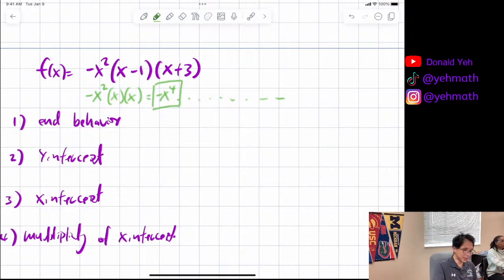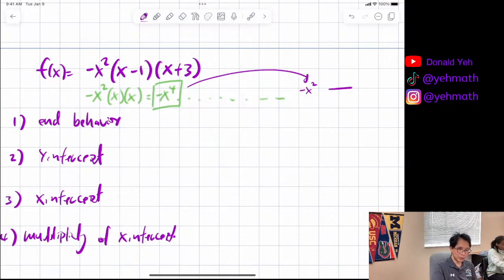In this case, that looks like the easiest graph I can think of that has similar degree and similar coefficient in the front. What is it? Negative x squared. That is the same thing as that on the chart.